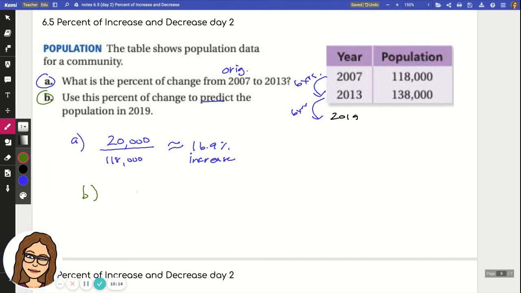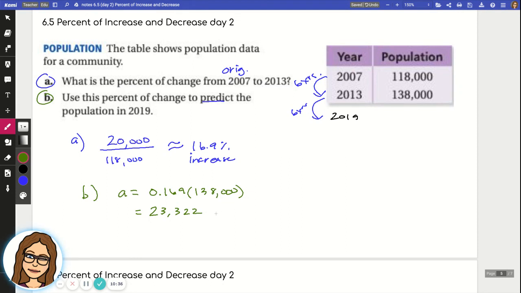So I'm going to find 16.9% of 138,000. And that gets me 23,322.